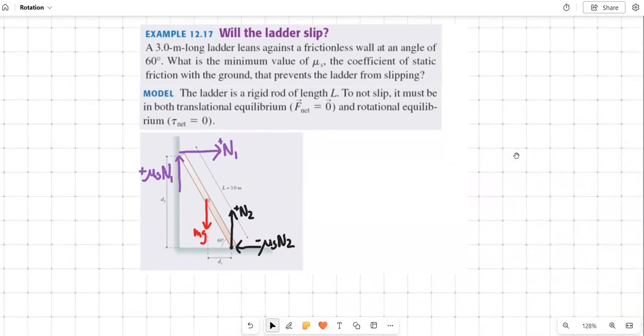And what they're asking is what is the value, and I think they're assuming that this purple mu sub s and this black mu sub s are both the same. But they're basically saying, what is the coefficient of static friction with the ground that prevents the ladder from slipping?